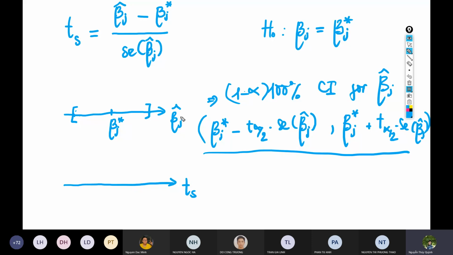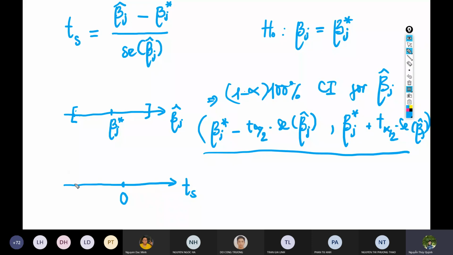If beta z hat equals beta z star, then the observed value of t will be 0, which is the mean of t. If beta z hat equals beta z star minus t alpha divided by 2 times SE of beta z hat, just replace it into this formula and you can calculate the observed t.